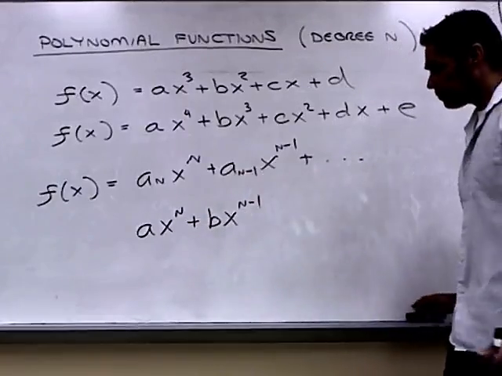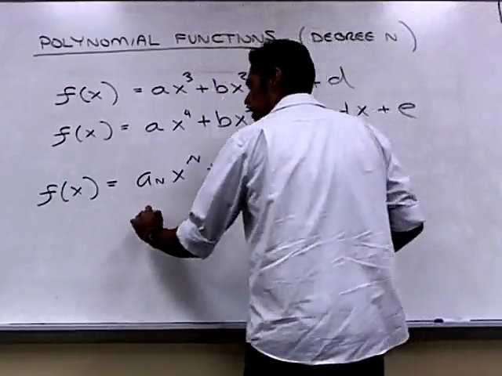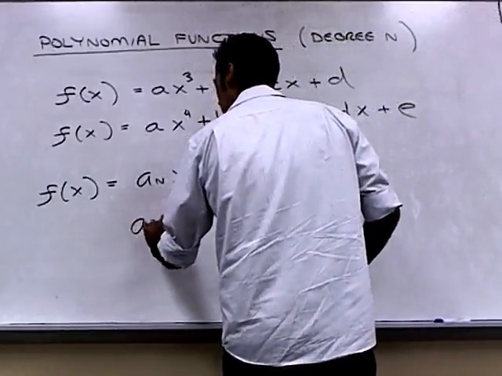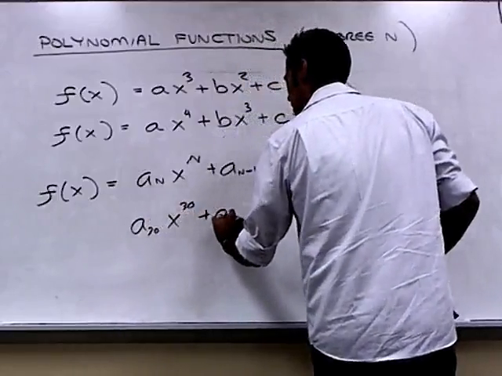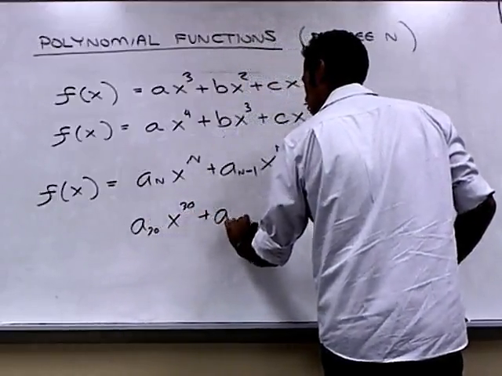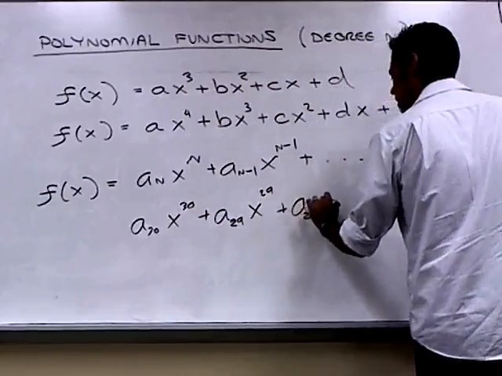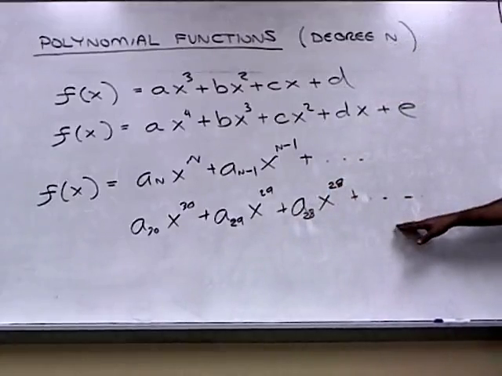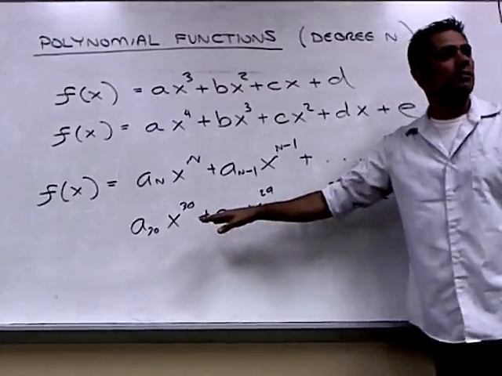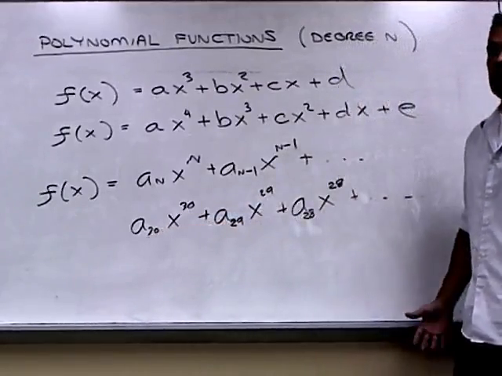Where here, if I want to look at a 30th degree polynomial, I just write a sub 30 x to the 30 plus a sub 29 x to the 29 plus a sub 28 x to the 28. You see? I will not run out of letters because I'm using subscripts. And so I have infinitely many.